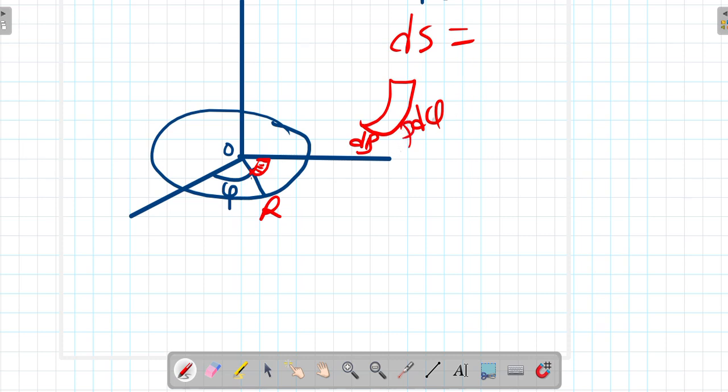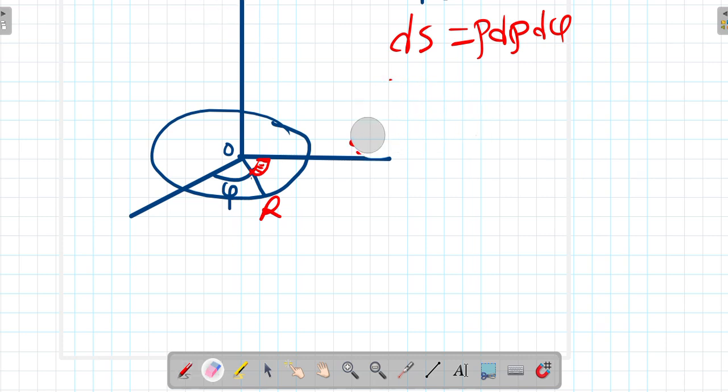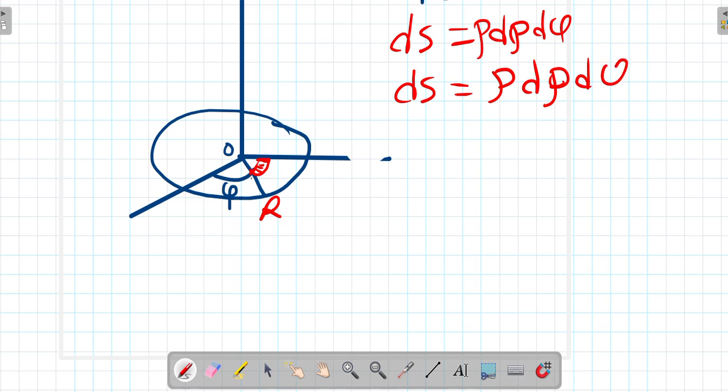The angle phi is always associated with the arc length, so we say d rho multiplied by d phi, but since d phi is always associated with the radius rho, you put rho here. So the elementary area is rho d rho d phi. That's how you find the elementary area of this portion.